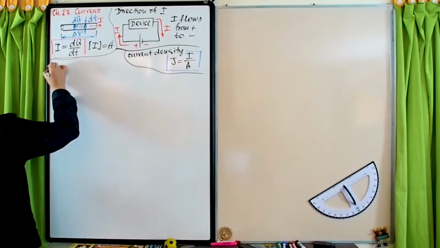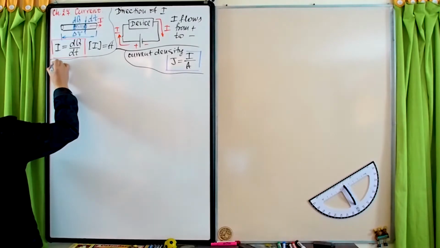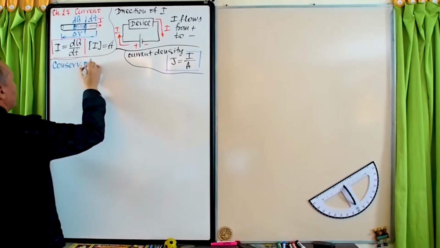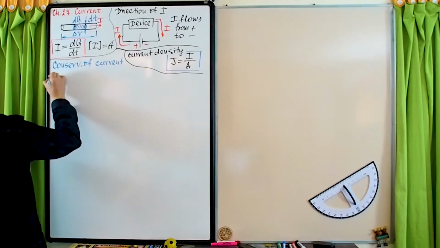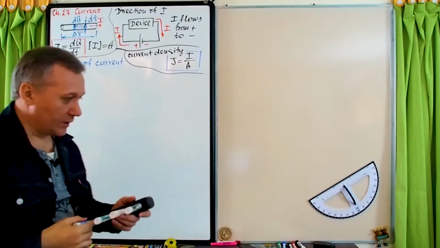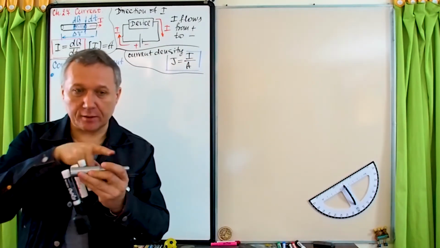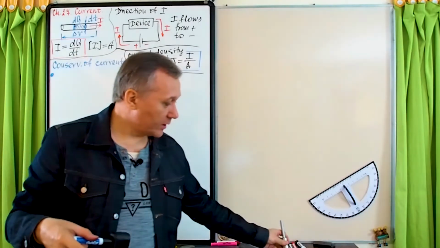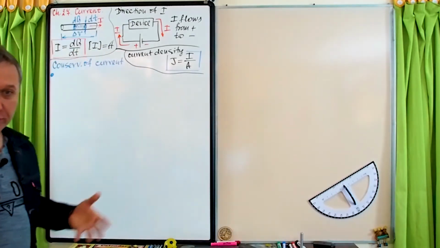And now, big one, conservation of current. So let's introduce conservation of current. And there are two parts. The first one, what if you have a wire and there are no junction points? A junction point is a point where current gets split or currents are merged, right?